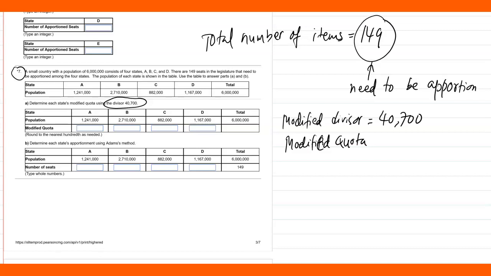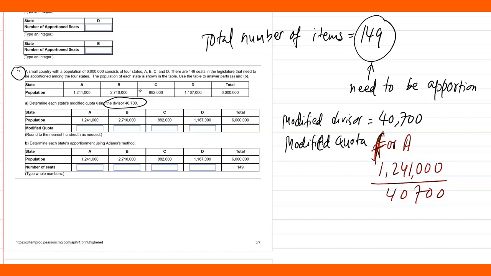Modified coda for A. How do you do that? You divide A's population, 1,241,000, divided by 40,700. Let's do the division.